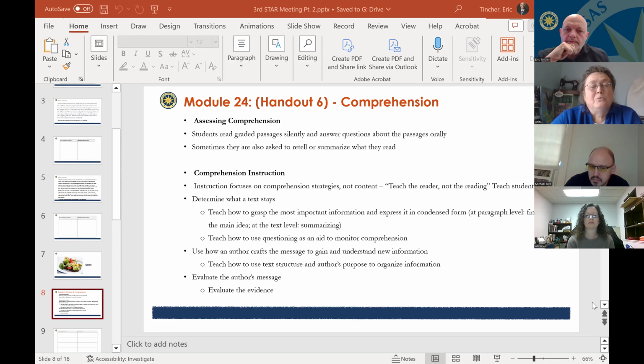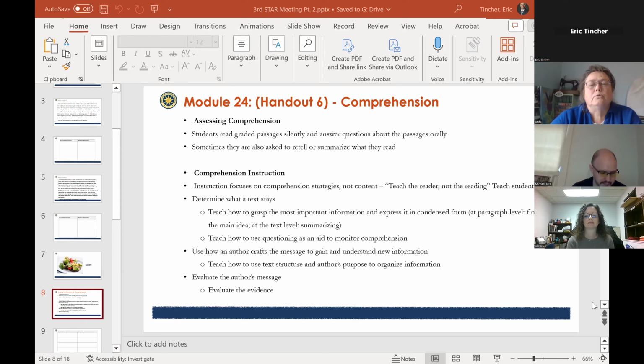So I love this one also. I just wish there was more time always to spend on comprehension, but it takes a while to get them pulled up to this level. You're giving them skills that they will use forever for the rest of their life. The skills that they learn in comprehension on how to set up text structures will last them forever, whether they're reading something on the job or going to college or vocational school.